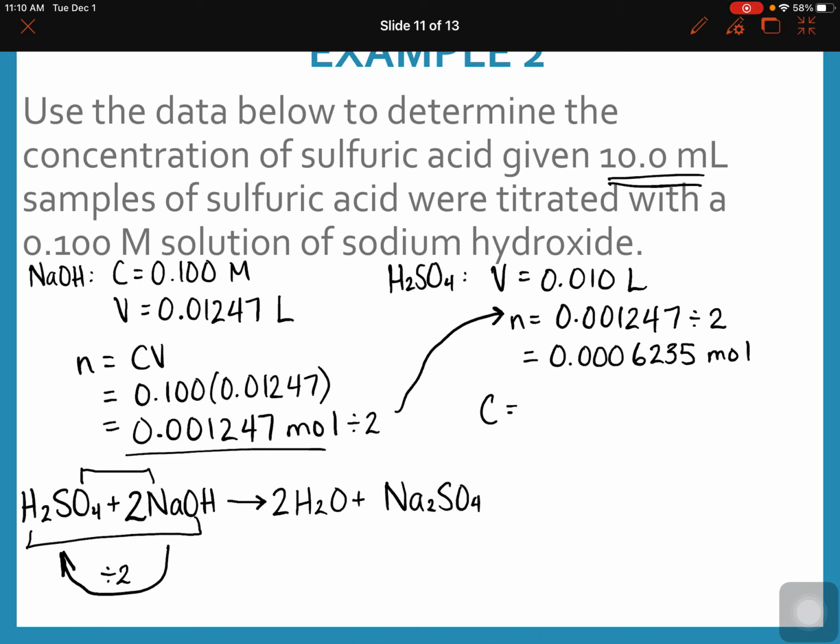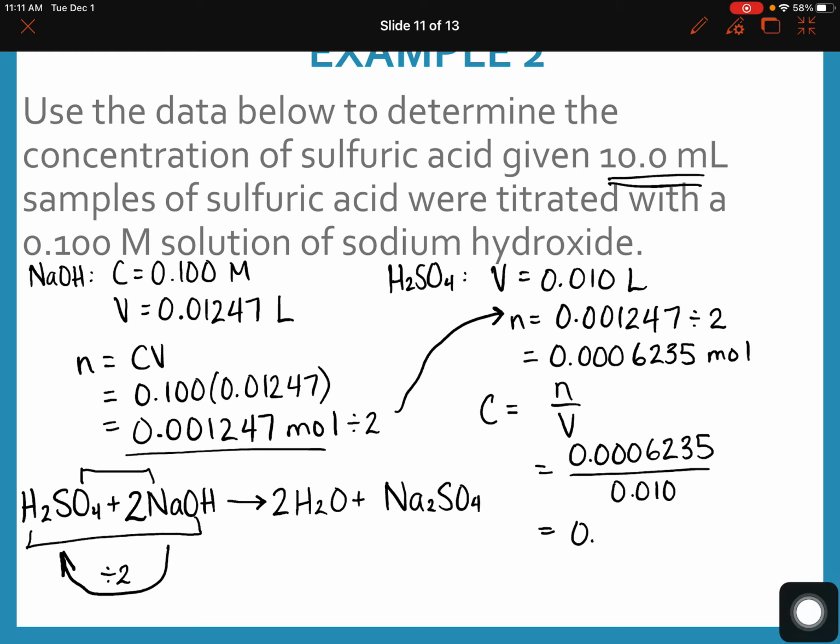So my concentration equals number of moles divided by volume, which is 0.006235 moles per 0.010 liters. So that is going to give me 0.06235, so 0.24 mole per liter, or molar, for my concentration.